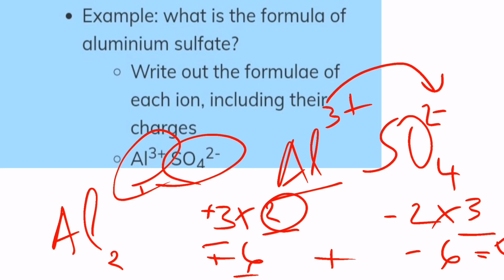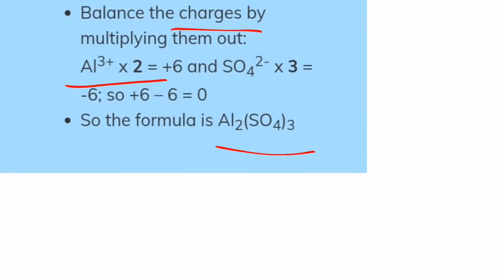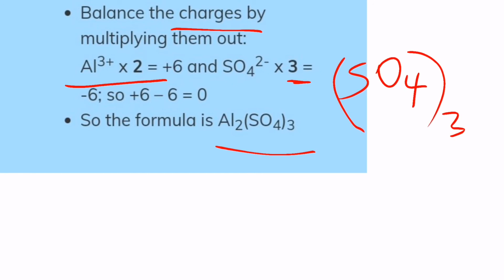It's not atoms now, 3 molecules of sulfate. So that is how we are going to write it here. So we have aluminium 2, and then please note that sulfate is SO4. So we need to put this in a bracket to show that this one is an ion which has got more than one element. So then we write 3 because we multiplied by 3 here.